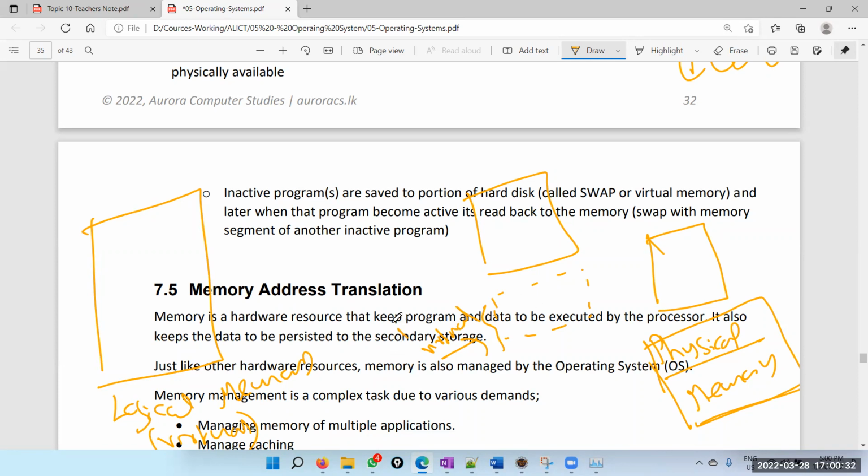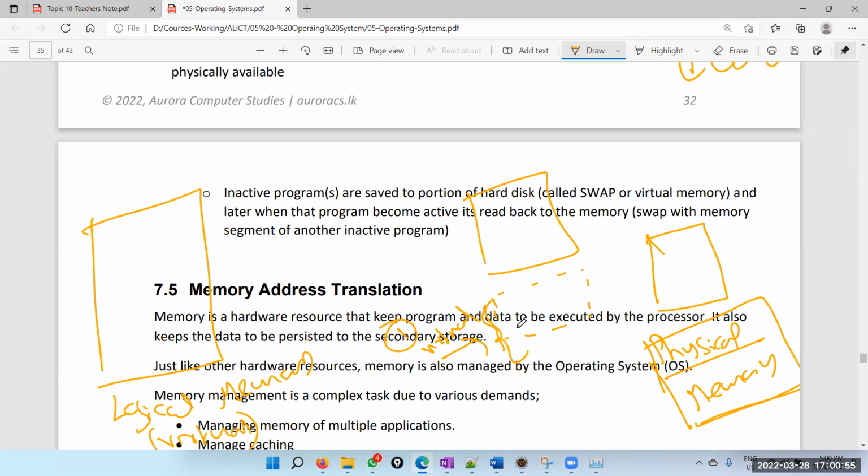That is meaning one. The same word may be used by different people for different meanings. Unfortunately, ideally we should have two words for two different things. So this is one meaning of virtual memory: what you borrow from your secondary storage, the hard disk or SSD.